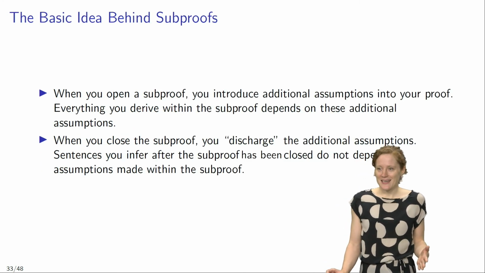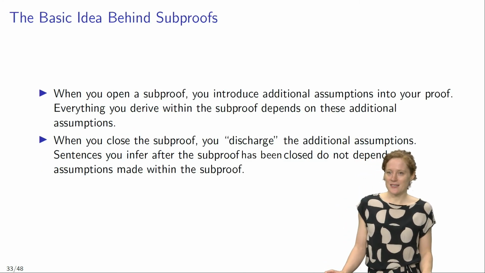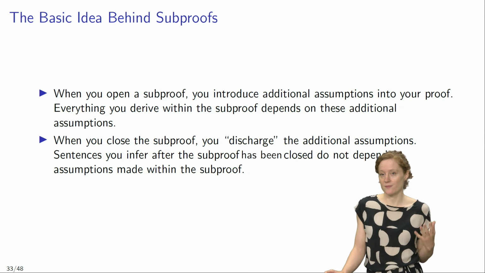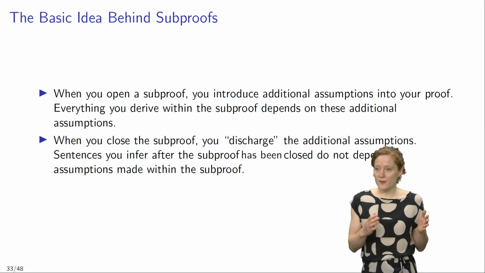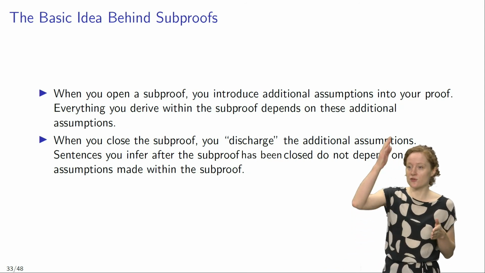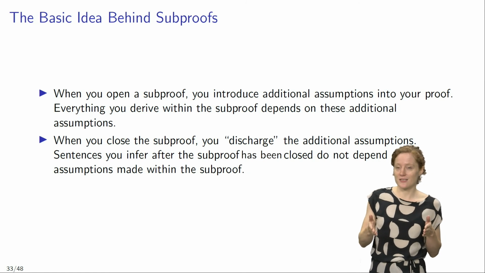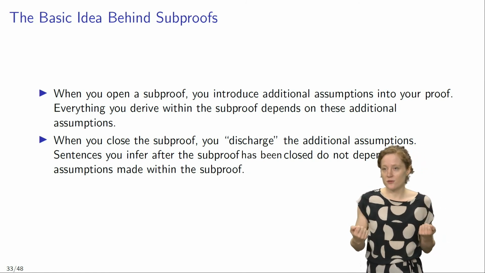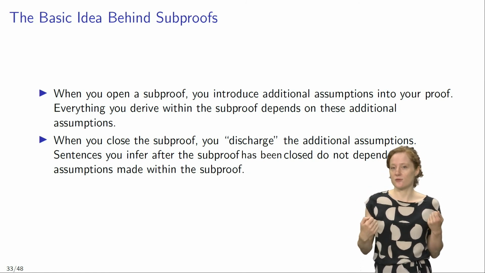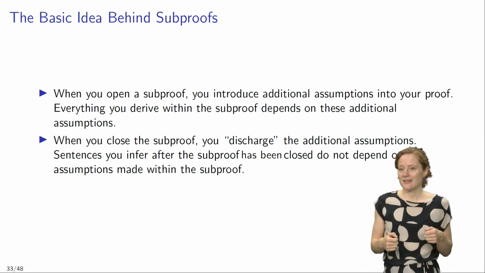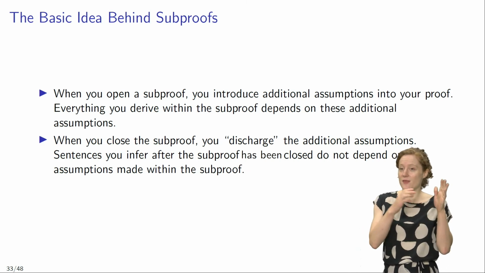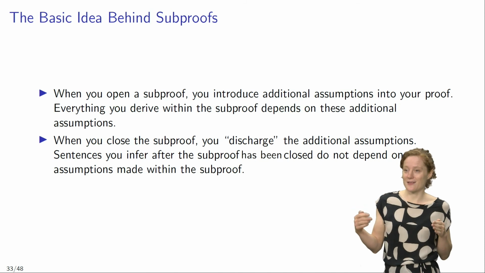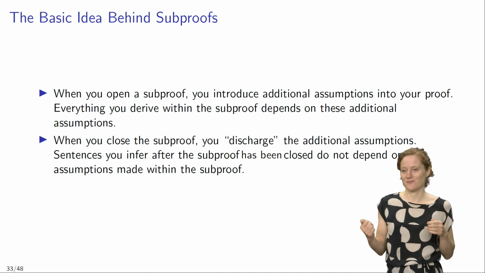In each of these cases, the basic idea behind subproofs is that they symbolize the introduction of additional assumptions into your proof. So whenever you open a subproof, meaning whenever you draw an additional vertical line, you introduce additional assumptions into your proof. And everything that you derive within the subproof depends on these additional assumptions.